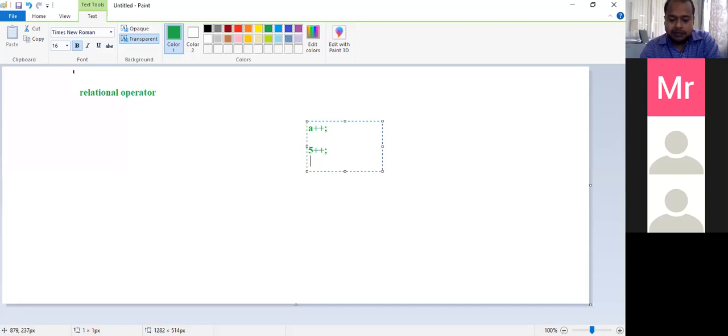If I try to write it like this on an expression, again it will not work. So that means with an expression we are not able to use plus plus or minus minus.